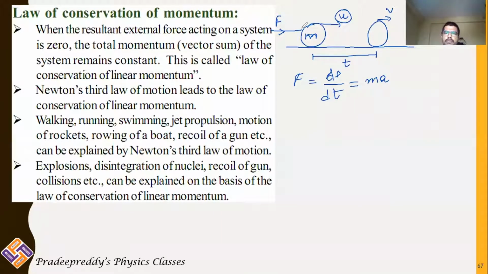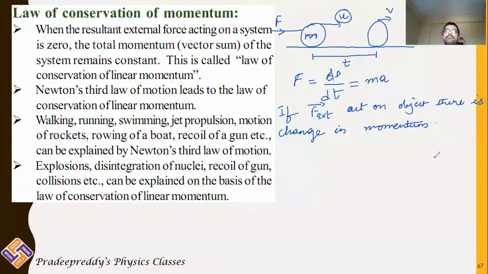When you are applying some force on the object, that is an external force. If an external force acts on the object, there is a change in momentum. Suppose there is no external force acting on the object, F external is equal to 0.